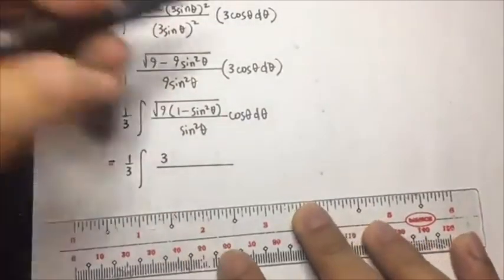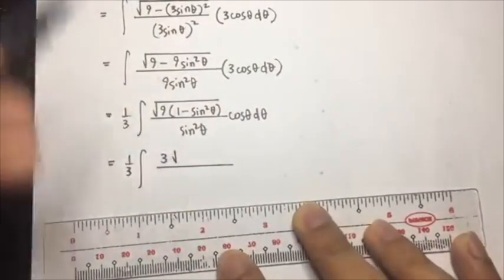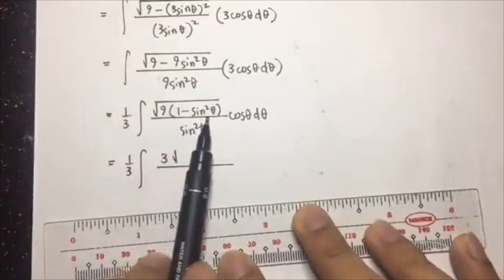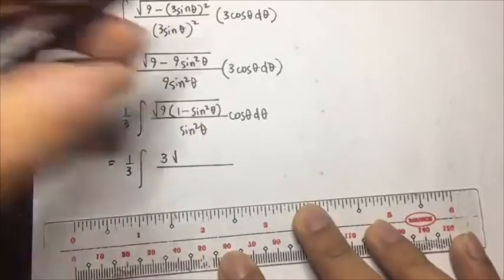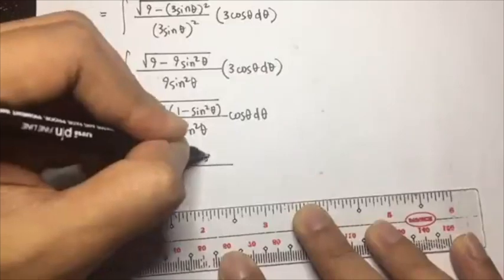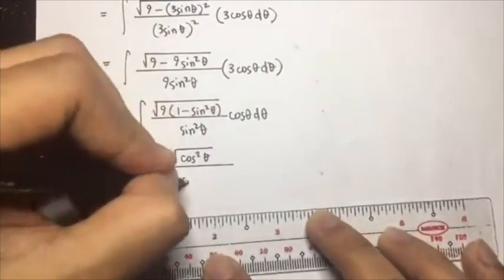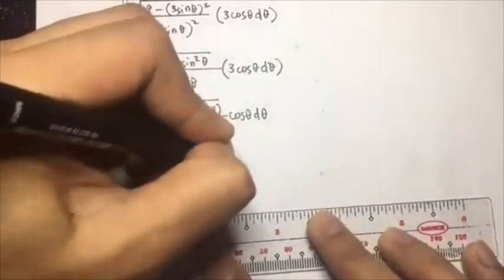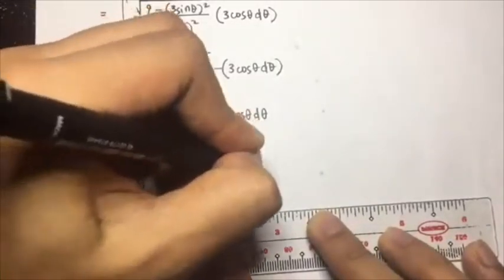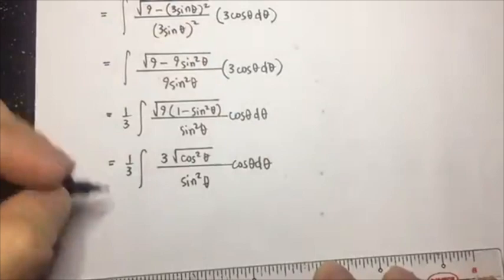What will remain inside the radical is the square root of 1 minus sine squared theta, but 1 minus sine squared theta is equal to cosine squared theta, over sine squared theta cosine theta d theta.